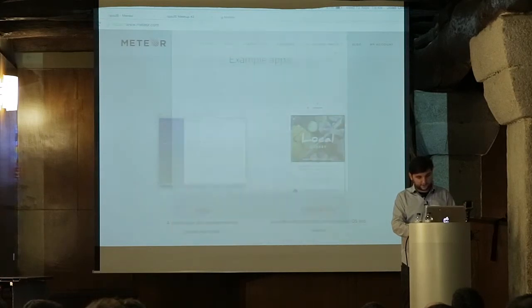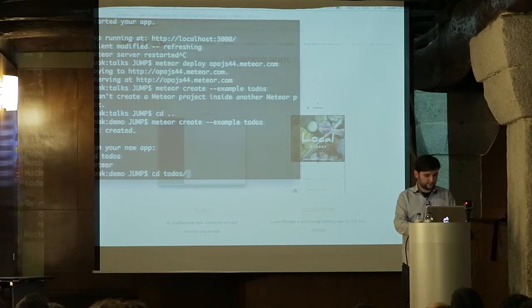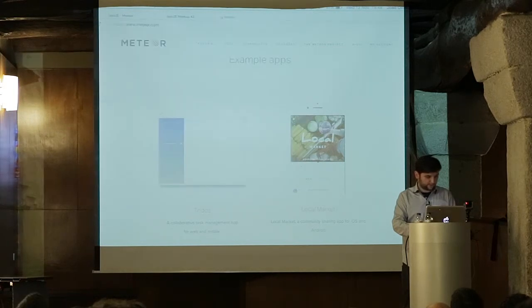So you have an example app for a to-do list and an example app for a mobile web app built natively using Cordova/PhoneGap. Just let this app run. Back to the talk.